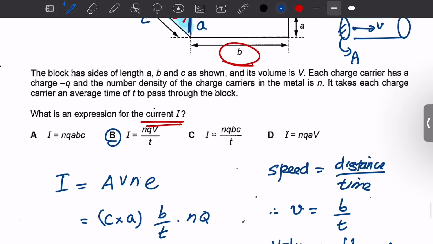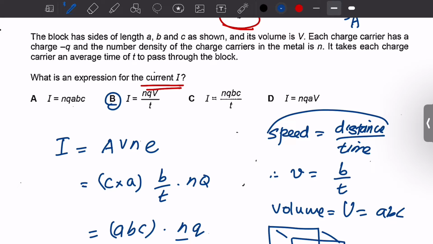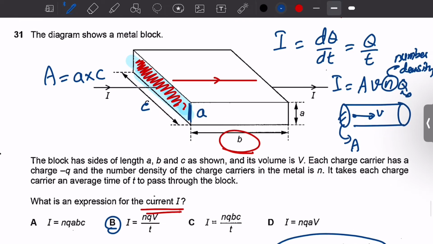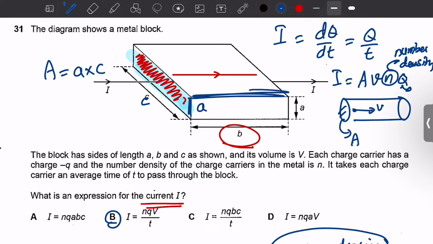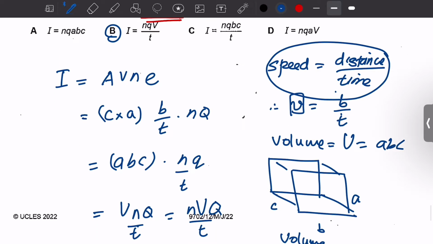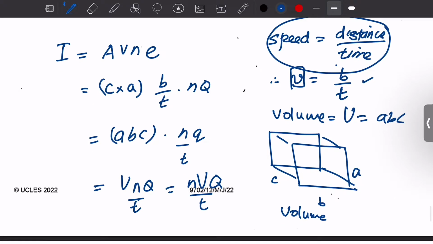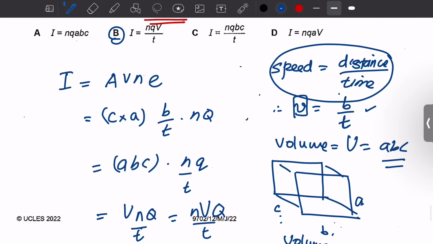Speed is distance over time. The charged particles have to cover distance B, and the time taken is t. So from there we have an equation for speed also. And the total volume is A times B times C, right?